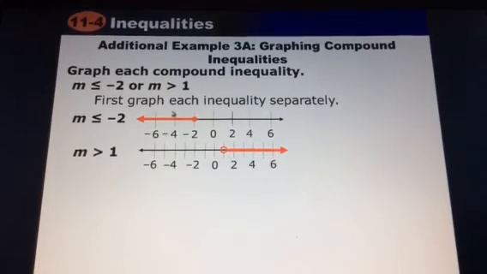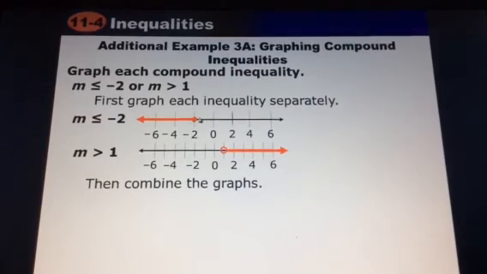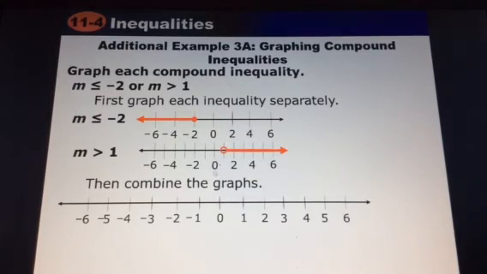Now you notice if we put these two together, there's a gap here, a place where there's nothing shaded in between -2 and +1. +1's not included, -2 is included. So all of this part cannot be a solution. Anything bigger than -2, less than or equal to 1. We don't have to say that, but that's what's not being shaded.